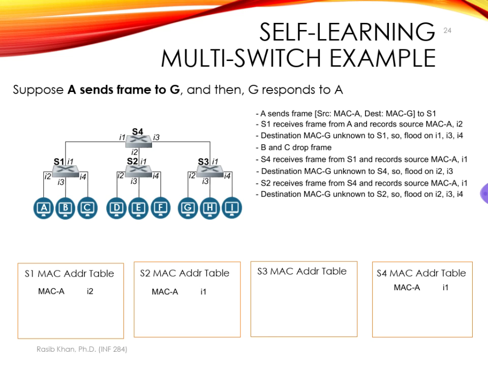The destination MAC G is unknown to S2, so it will now need to flood on all the other interfaces except for I1. So the interfaces I2, I3, and I4 on the switch S2 would reach hosts D, E, and F. However, the destination MAC address does not match for any of these hosts, so D, E, and F all drop the frame.